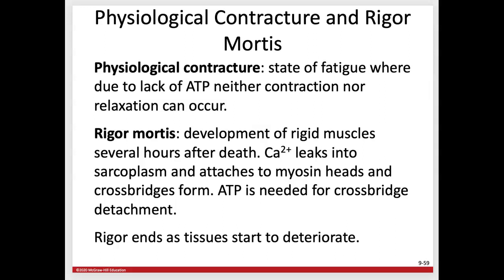Calcium ions will leak into the sarcoplasm and attach to the myosin heads, and cross bridges form. Without ATP, those cross bridges will not detach, and so that causes rigor mortis, a stiffness of the person. As the tissues start to deteriorate, that will go away.